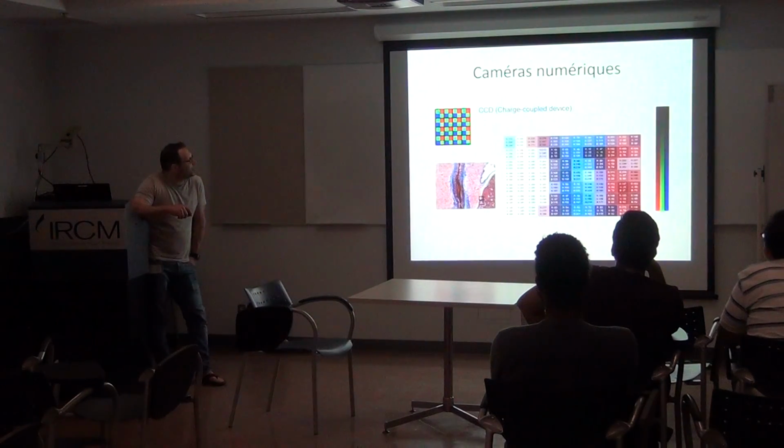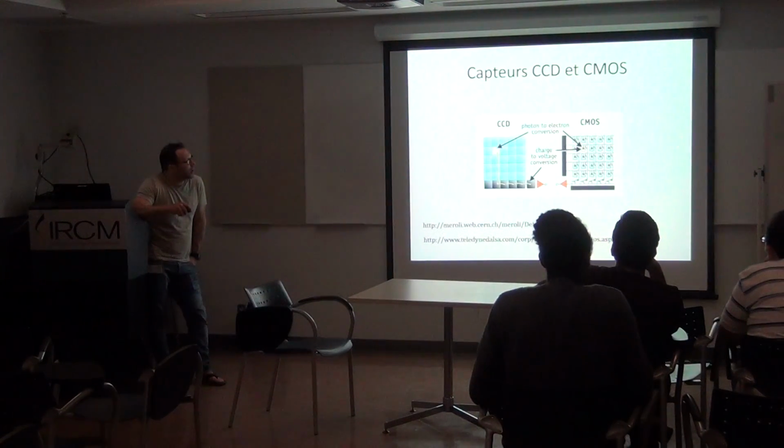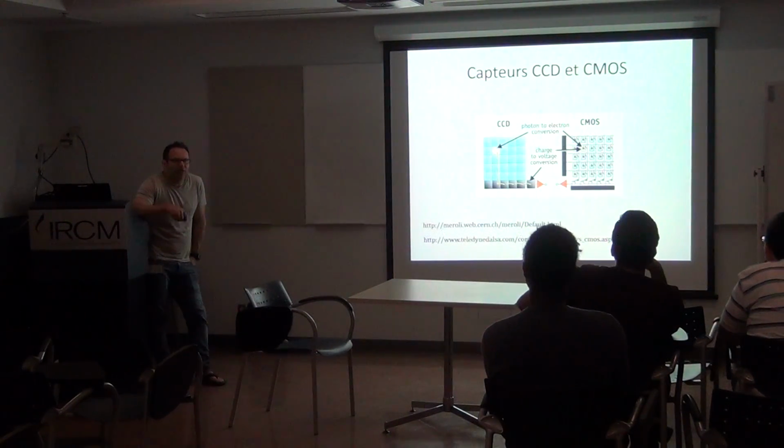And so the difference between the CCD, charge-coupled device, and the CMOS: nowadays the CMOS are better than in those days, and they are almost as good as CCD to capture light. And they do have the advantage of having their own circuit.